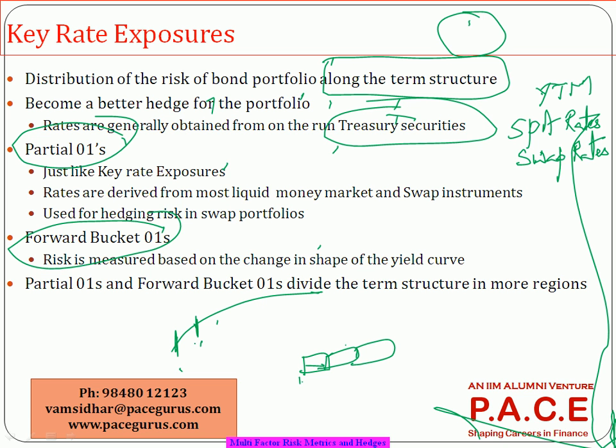If I am using the forward rate as the discounting factor for all the maturities between 1 and 2 years, I am calling it a forward bucket 01 kind of mechanism. All these are actually breaking down my whole bond portfolio into various maturities, so that I'll find the duration of each of the maturities separately and do the hedging for each of the parts separately.